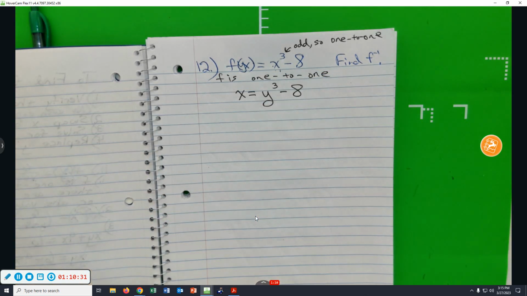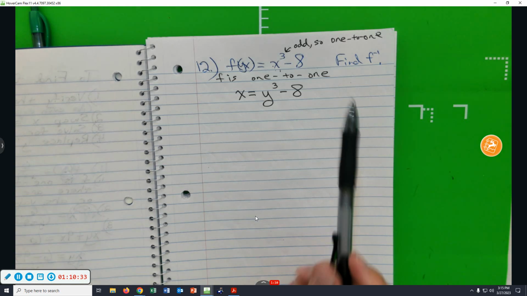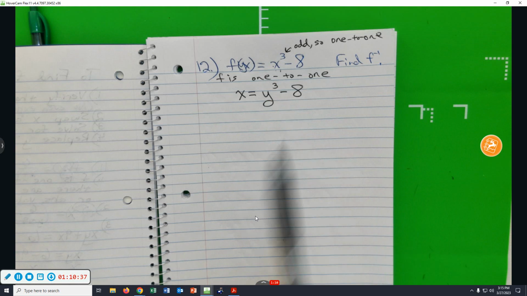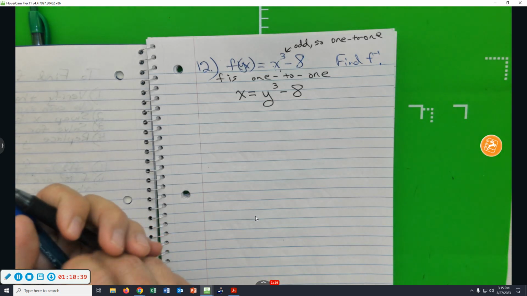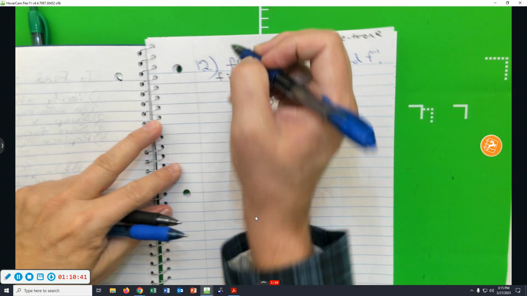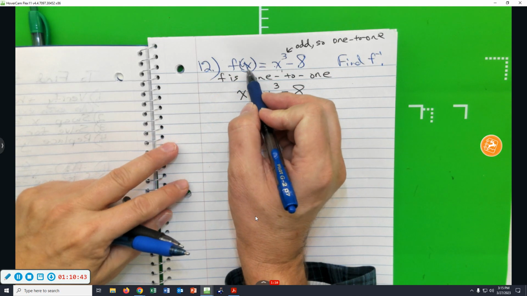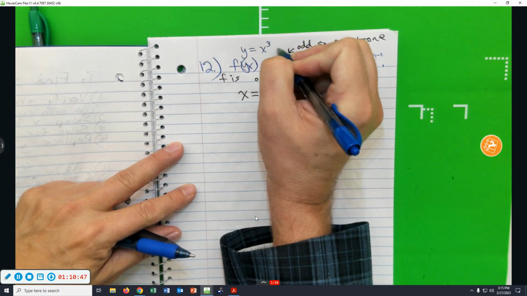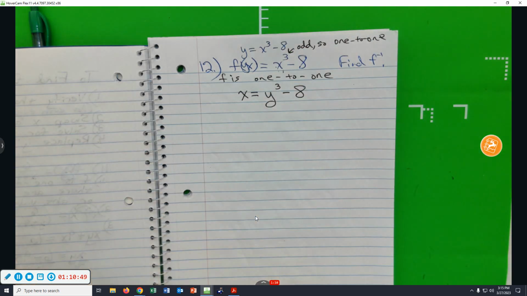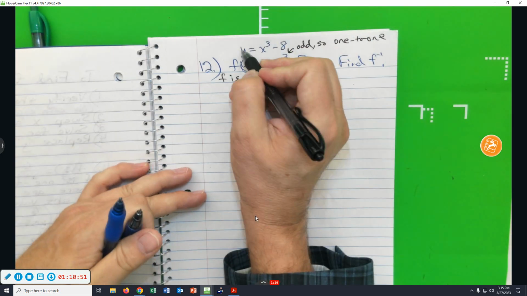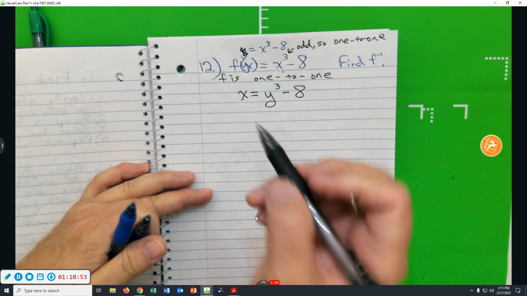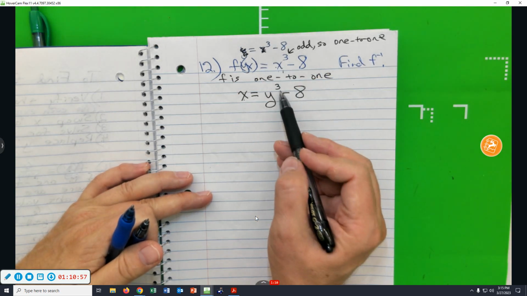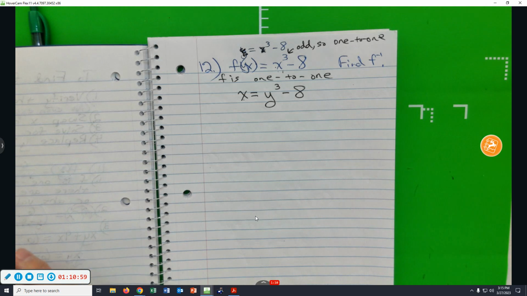Did y'all hear what Mary Mae was saying? She was making a classic mistake. Maybe we should stop using this f of x notation. Just write it as y equals x cubed minus 8. And then the y becomes an x, the x becomes a y. The cube stays where it is, unfortunately.